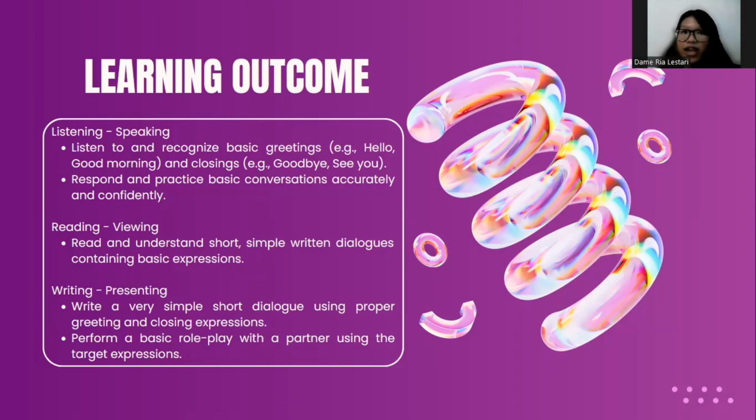For reading and viewing, students read and understand short dialogues containing basic expressions. And the last is writing and presenting. Students write simple dialogues and perform their dialogues by role-play activities using greeting and closing expressions correctly and confidently in front of the class.